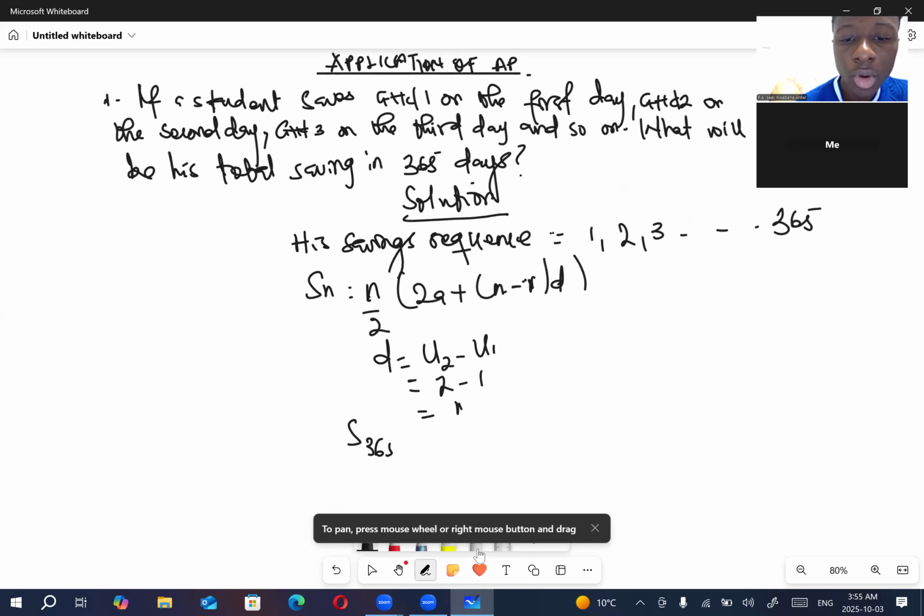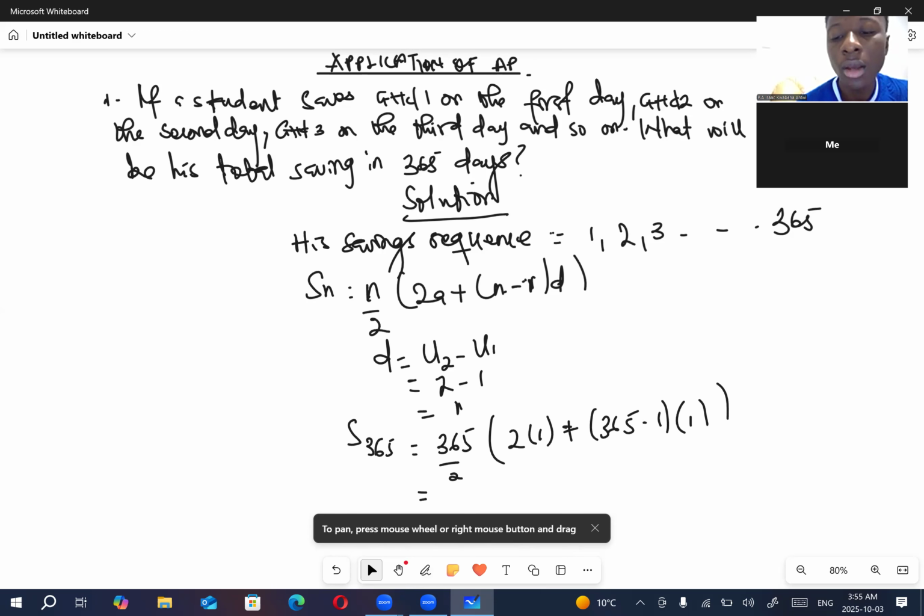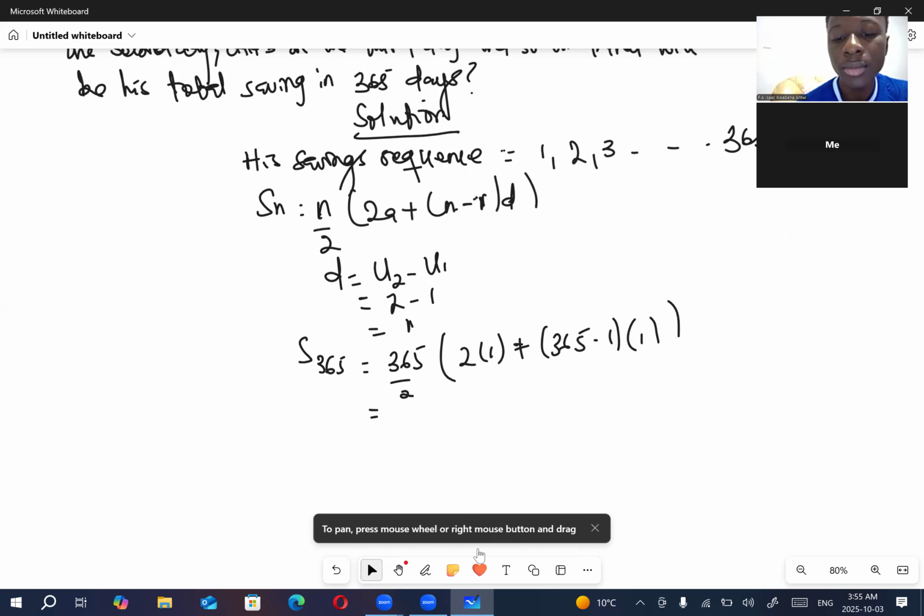S365 will be equal to, n is 365, so 365 over 2 into bracket 2 times 1 plus, n is 365 minus 1, d is 1. So that will be equal to... Do you understand what's going on?